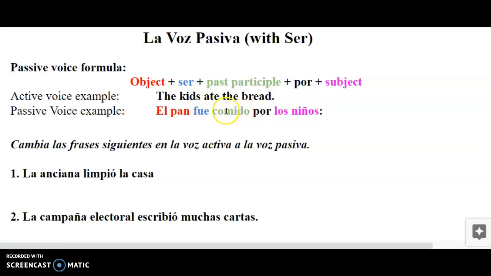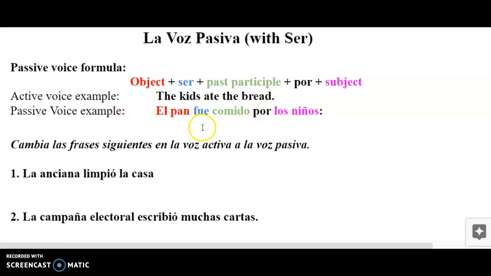Now, the past participle needs to match in gender and number with the object it's describing. Okay, so el pan fue comido. So comido is masculine singular because pan is masculine and singular. After the past participle, we're going to use the word por, which basically means by. And then we follow that with the subject. So, por los niños.